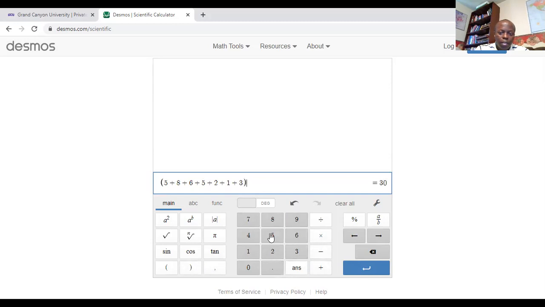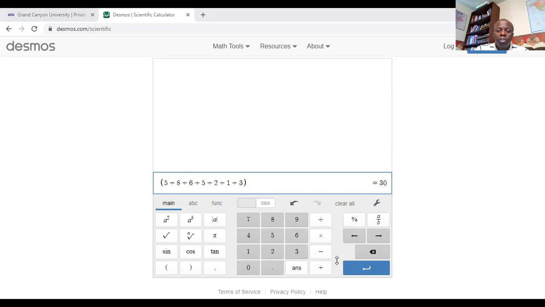Okay, that gives us a total frequency of 30. So the formula now becomes class frequency over n, where n is the total frequency.